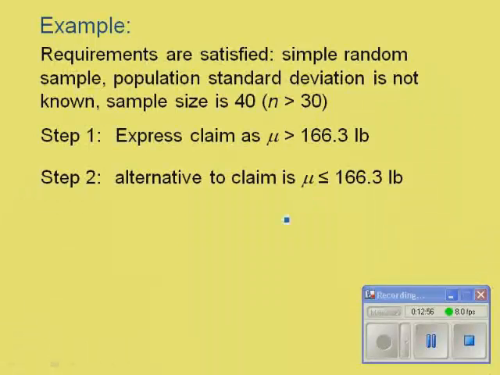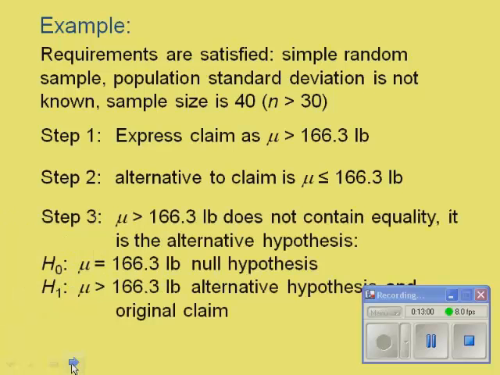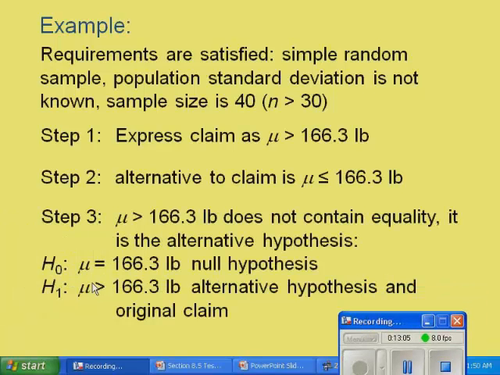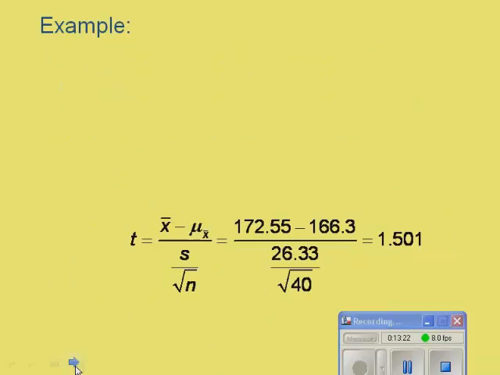Okay? So what am I going to use as H0? Here it is. Mu equals 166.3. And we'll use as H1 mu bigger than 166.3. Which means what kind of tailed test are we going to have in this problem? Right-tailed test.